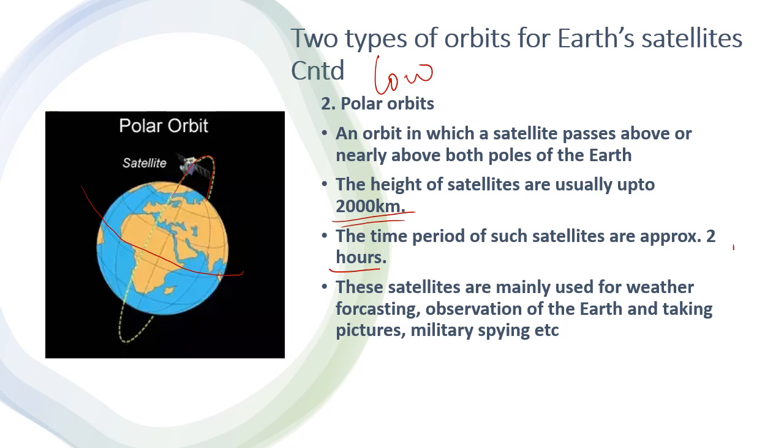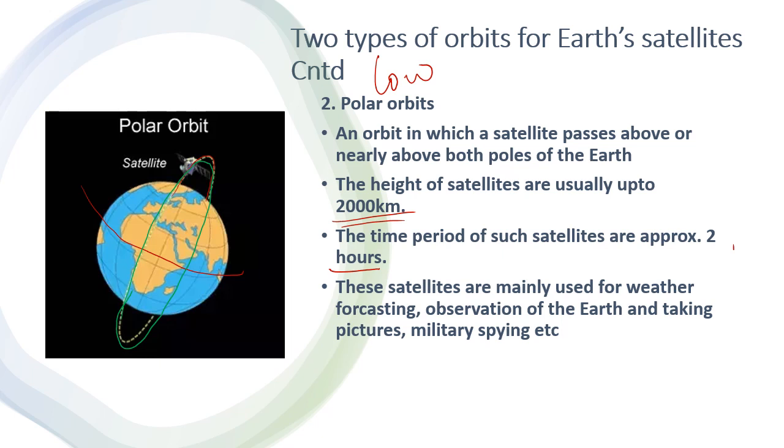They are used mainly for weather forecasting, observation of the Earth, taking pictures, like the pictures you see on Google Maps, and military spying. How are they able to do this? When they move around the Earth once and come back to where they started, because it comes back in 2 hours, the Earth would have slightly rotated on its axis.